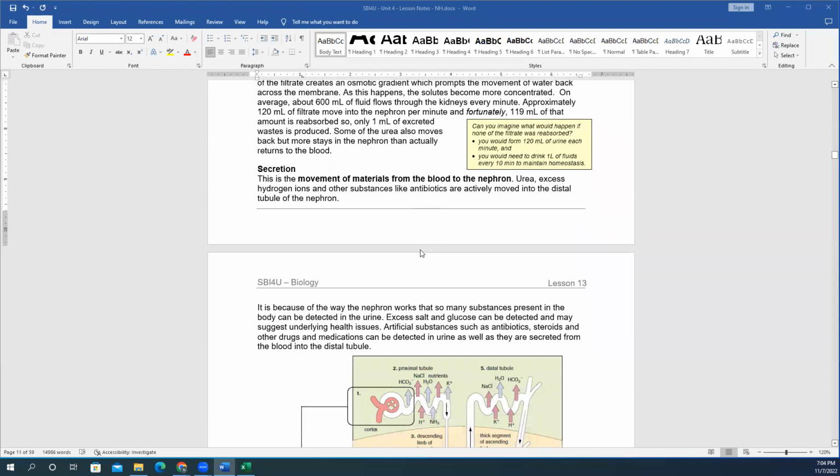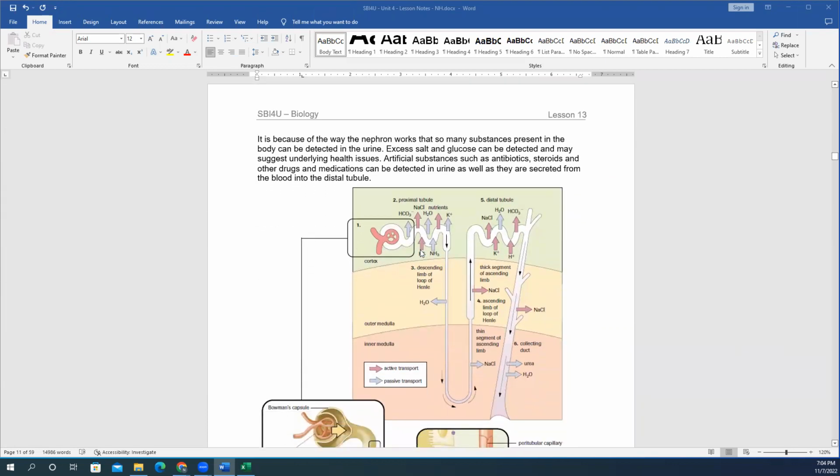So these get actively moved to the distal tubule of the nephron, and because of the way the nephron works, and here's another diagram of the nephron, we have so many substances that are present and can be detected in the urine.